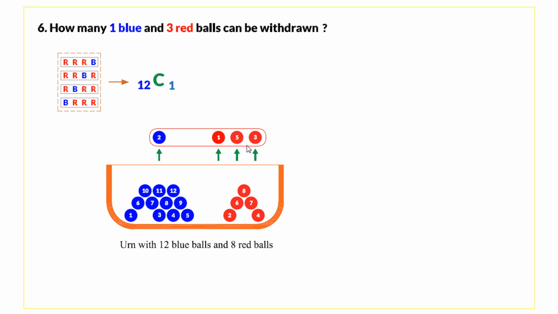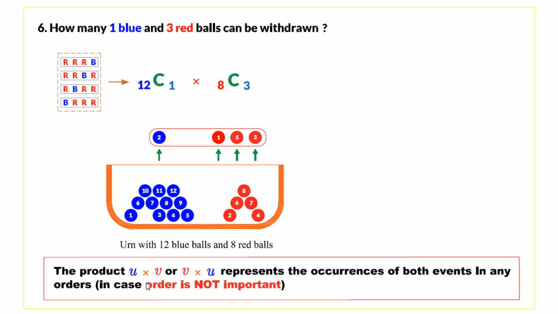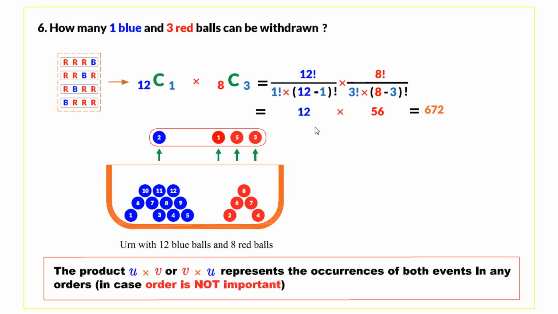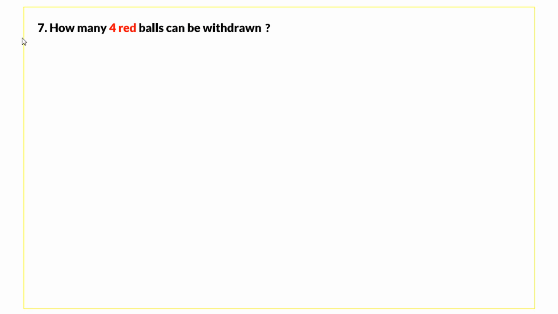Number of ways to pick 3 red out of 8 is 8 combined 3. And now to know the number of ways of composing them together, we use the multiplication principle. So we use this principle here, and we get 12 times 56 equal to 672 possible combinations.